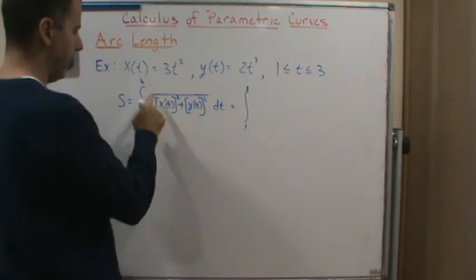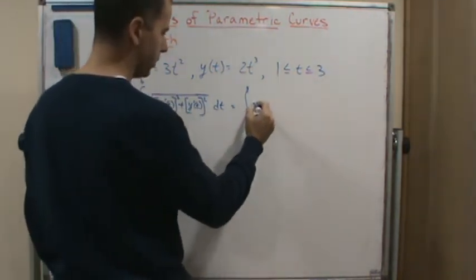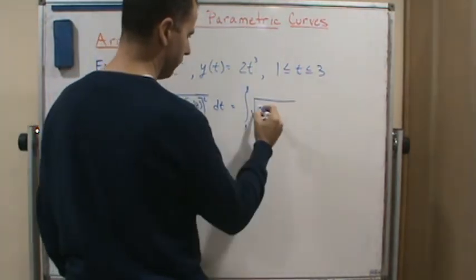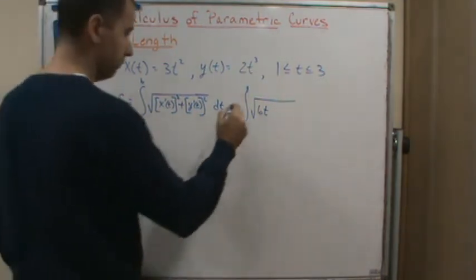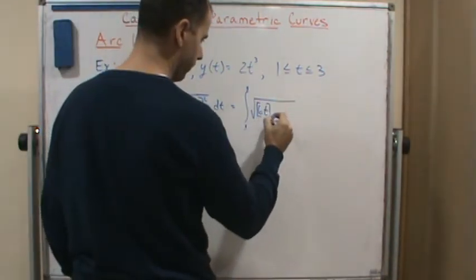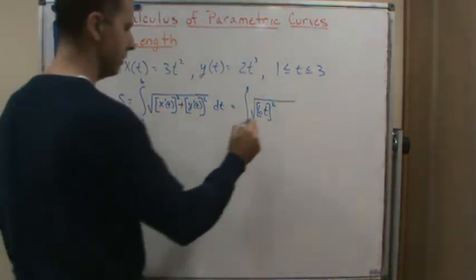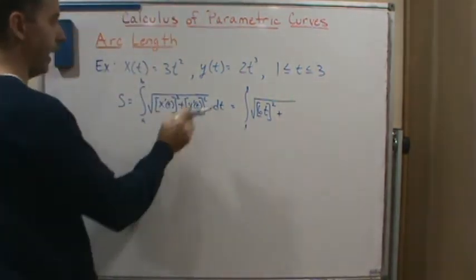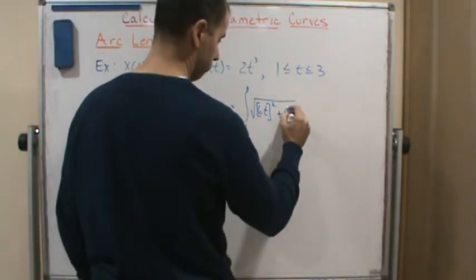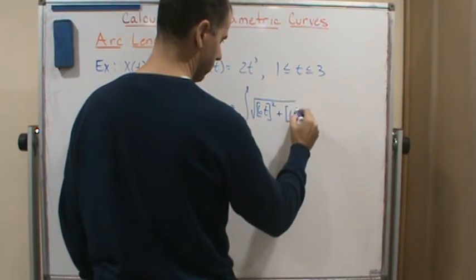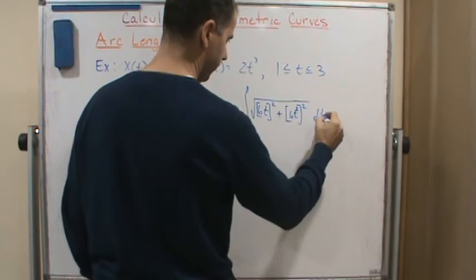And the derivative of x of t is 6t, right? So it's going to be the square root of 6t quantity squared, plus the derivative of y, which is 6t squared, quantity squared, dt.